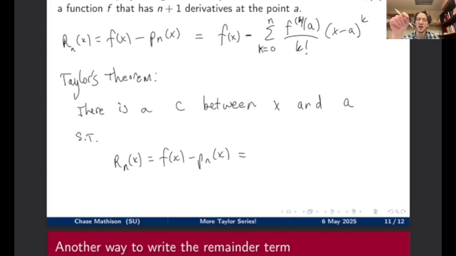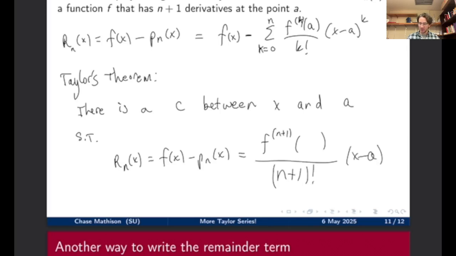So write down the n plus first term. Well, that looks like the n plus first derivative of f over n plus 1 factorial times x minus a to the n plus 1.